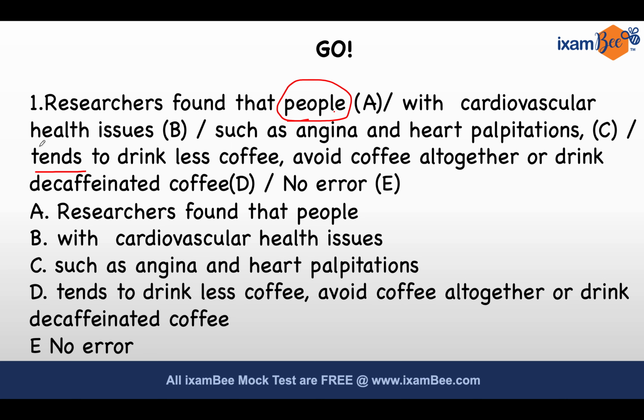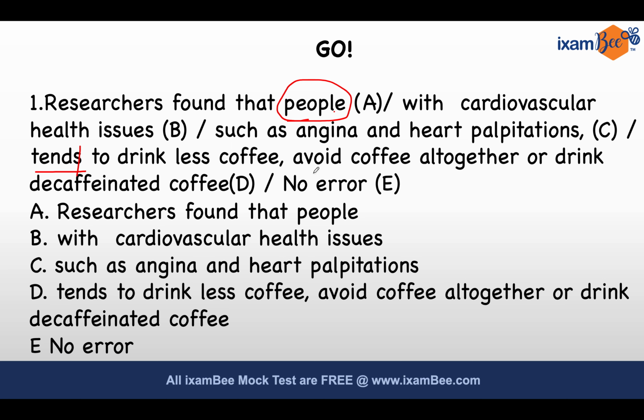Researchers found that people with cardiovascular health issues such as angina and heart palpitations tend to drink less coffee, avoid coffee altogether, or drink decaffeinated coffee. You know where your clue is?